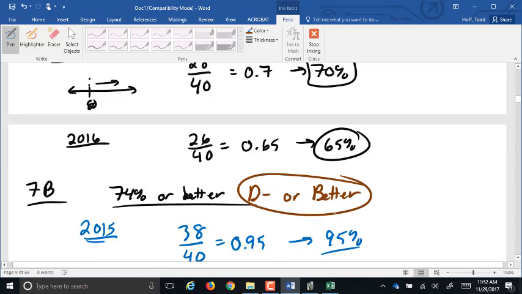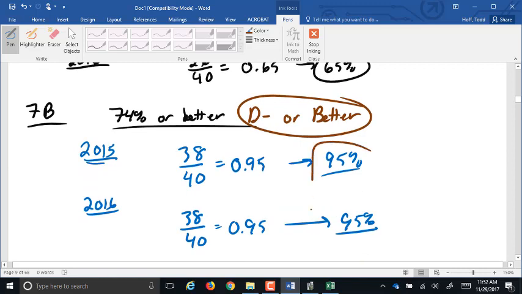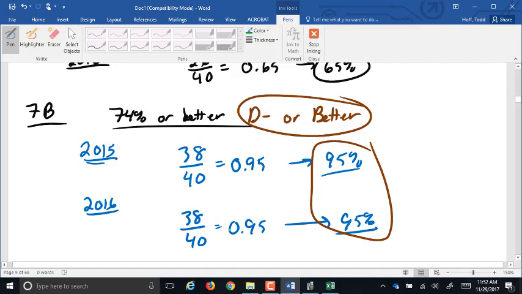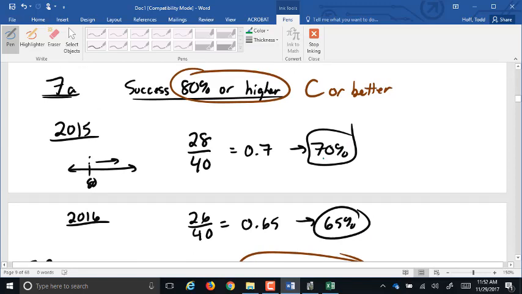What this is showing us is there's still 95% that are passing the course, if a D minus is passed. Now the C or better dropping from 70 to 65% isn't a huge drop, but maybe it is something to be worried about.